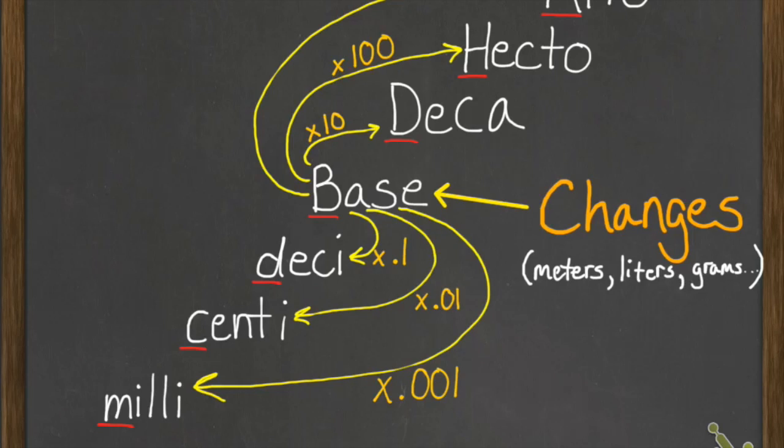Now at the bottom, you have an acronym. If you look at the red underlining on our prefixes, the first letter of each of those prefixes is the first letter of the word in that acronym.